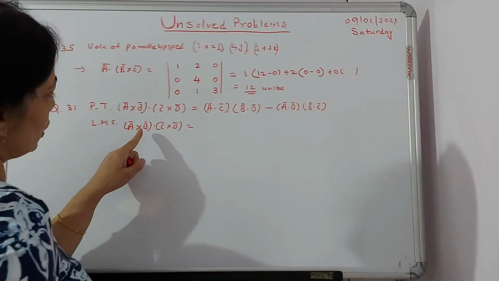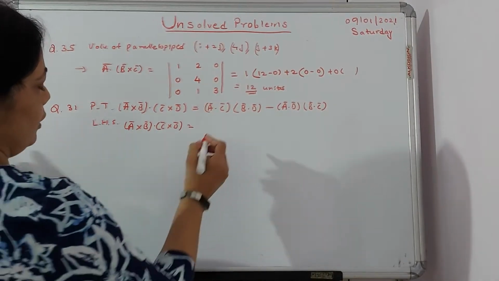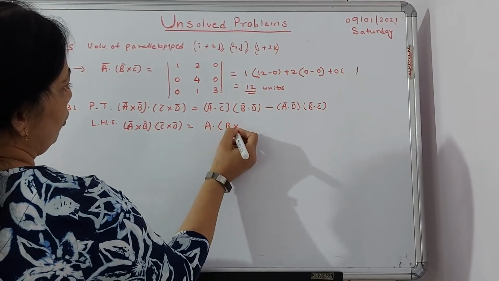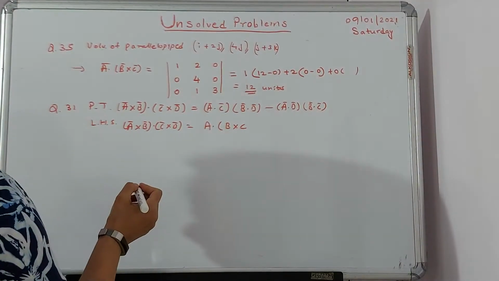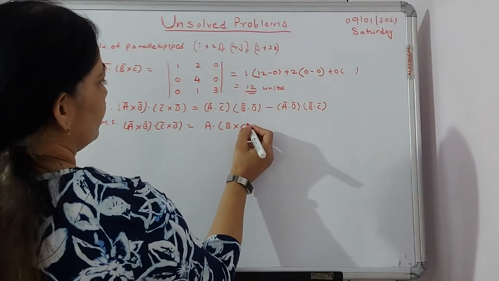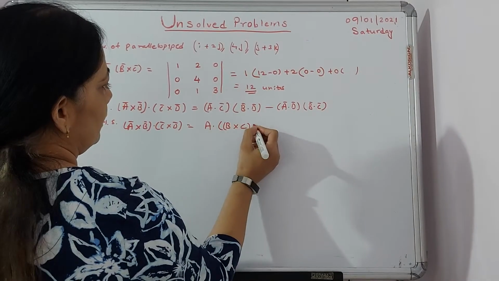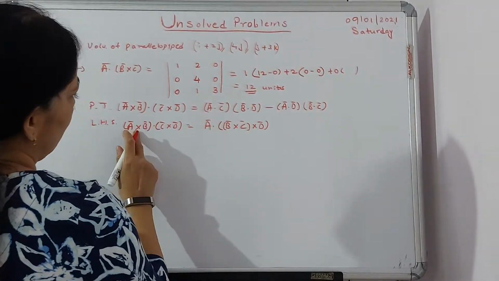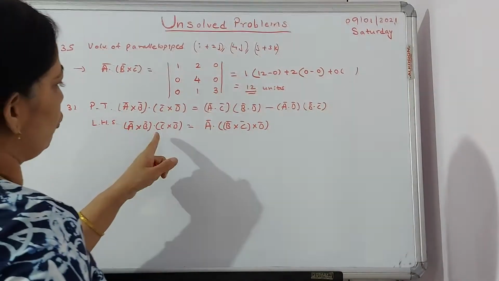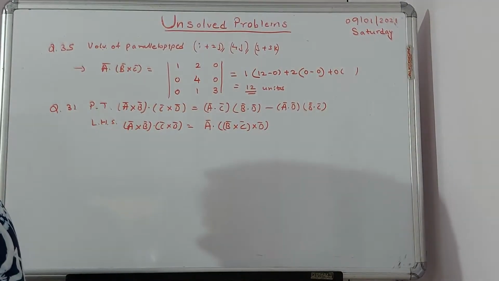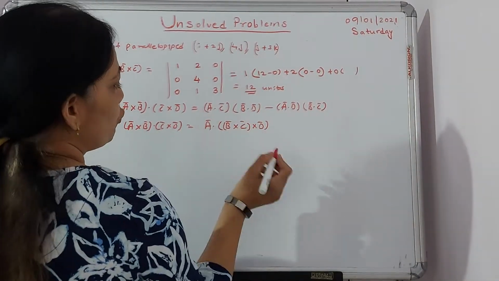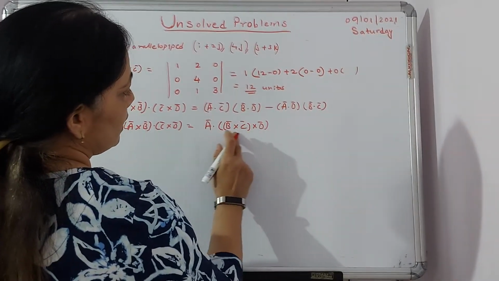Now what will I do? I'll interchange this cross and dot product. So I'll write A dot B cross C cross D. So I changed my order: instead of the C cross D bracket, I put the bracket for B cross, D. Correct. Now I have to use the usual formula that I use for this method.